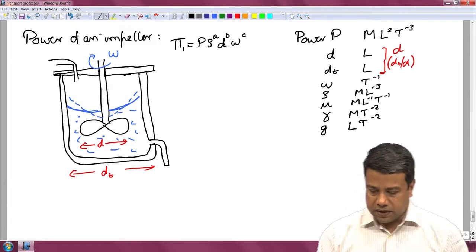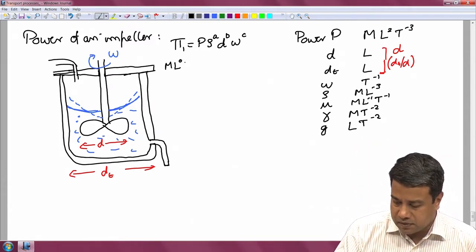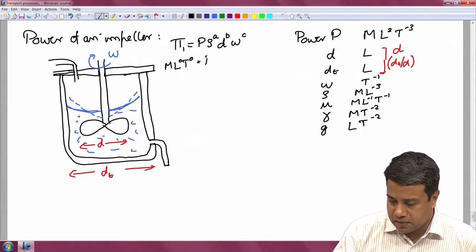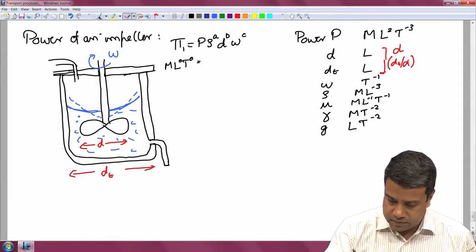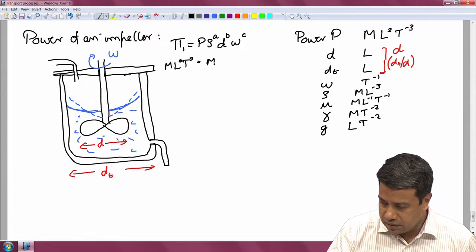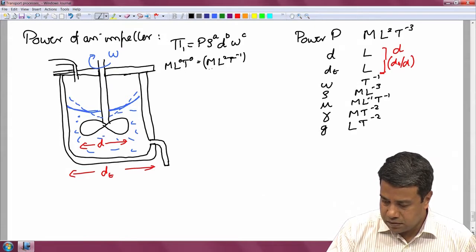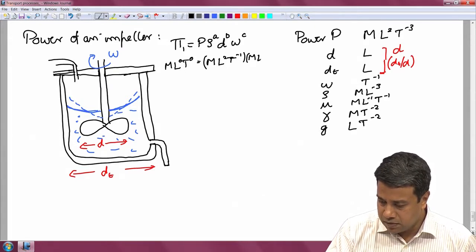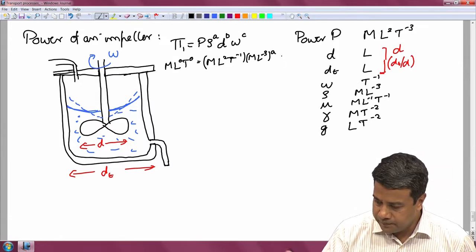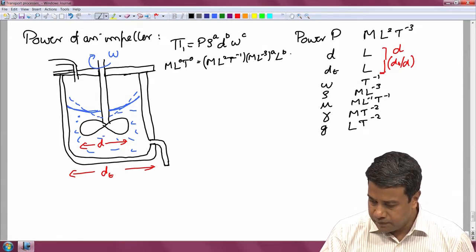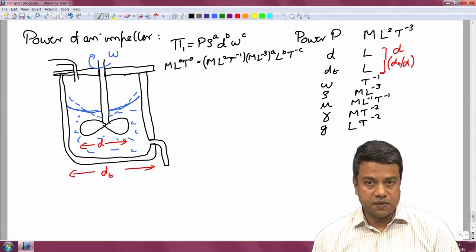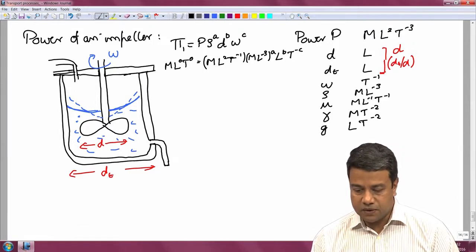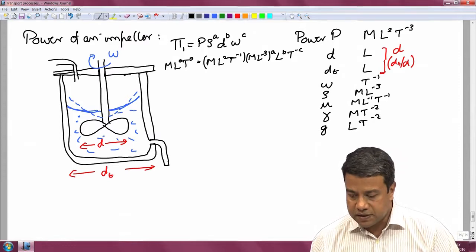And then we go through the usual. M L power 0 T power 0 is equal to the power, density power A, density is mass per unit volume, length power B, the diameter power B, angular velocity has dimensions of T inverse.